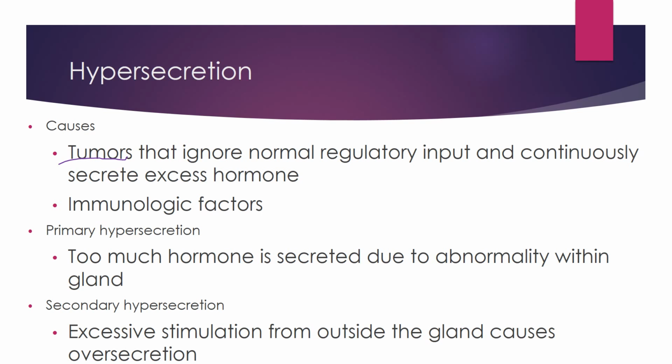Also, differences in immunity can affect and cause hypersecretion. With primary hypersecretion, this is when too much hormone is secreted due to problems with the gland itself. And then secondary hypersecretion, this is when the gland causes oversecretion due to too much stimulation from outside of the gland.